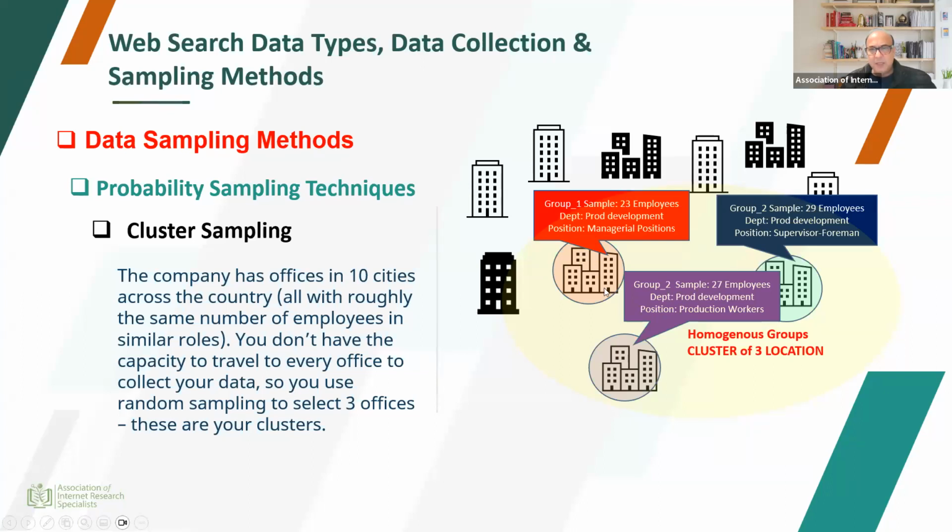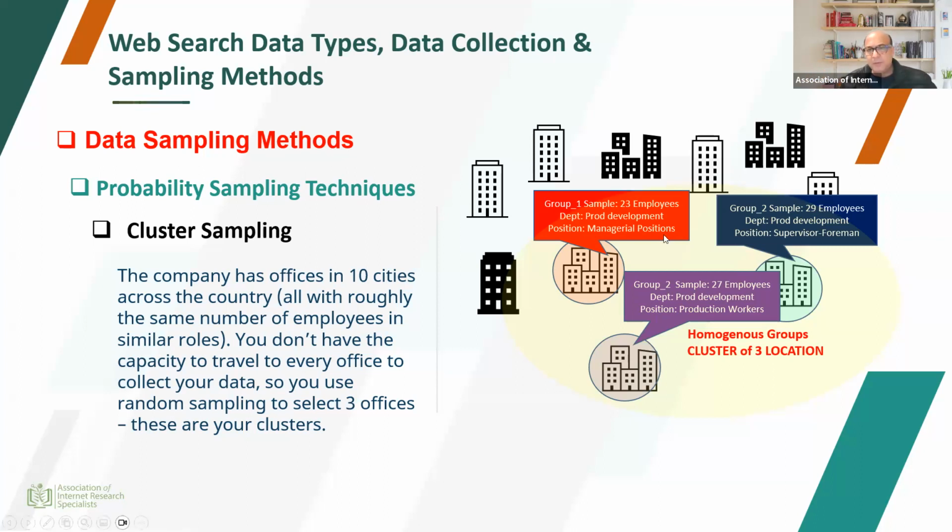This one, let's say in the first circle, you could see that they're trying to pick 23 employees from department which is product development. And the position that they are trying to work with by separating the operational, I guess, or just learning about the operational efficiencies that are impacted by different positions that is handling the production department, like managerial versus production workers versus supervisors.